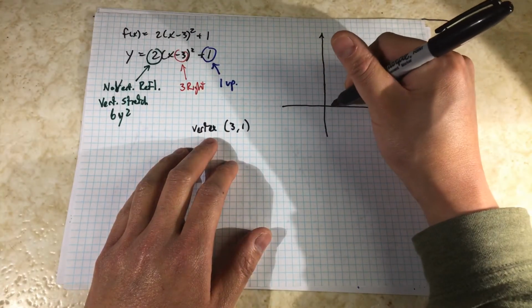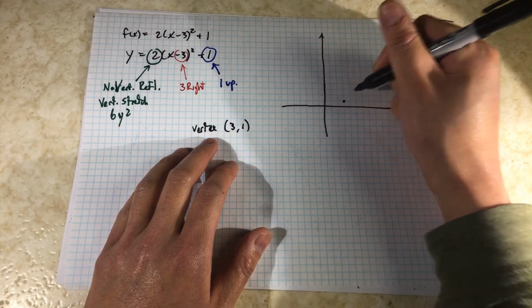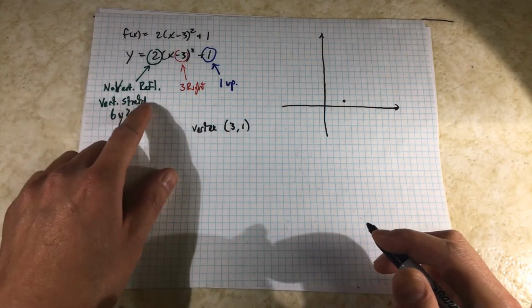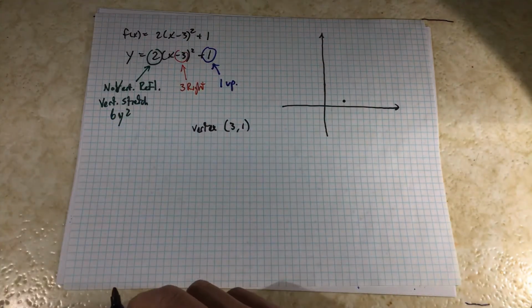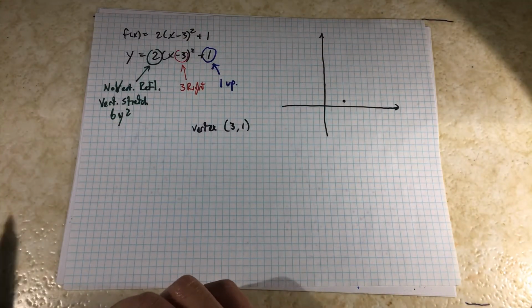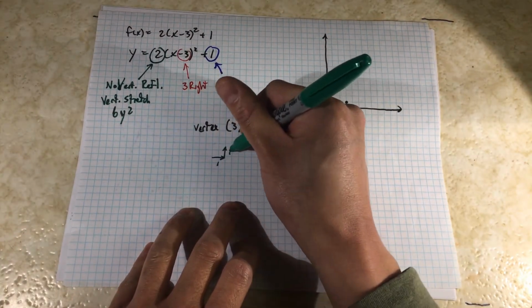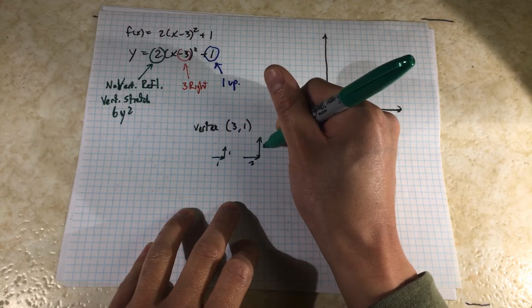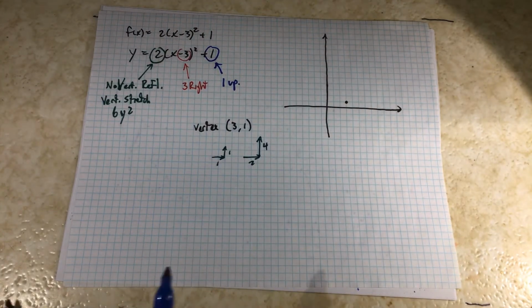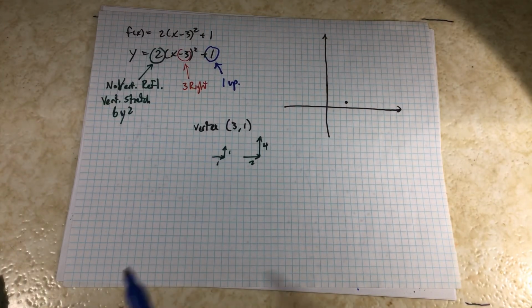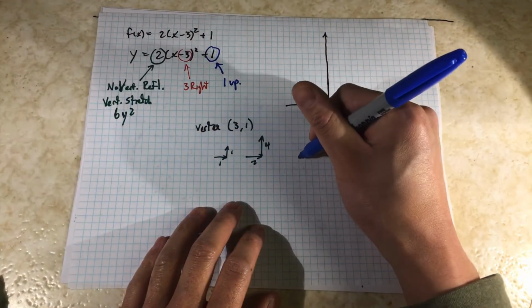So I'm going to draw that vertex, 3, 1. Normally my graph would go 1 over, 1 up, and 2 over, 4 up. That's from my toolbox. But in this case, I'm going to have a vertical stretch, which makes y go up more.